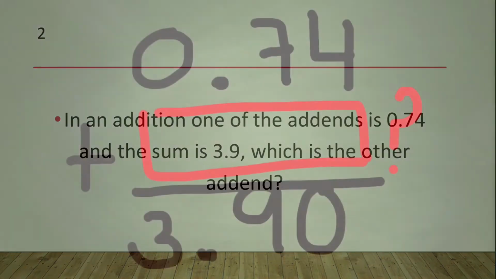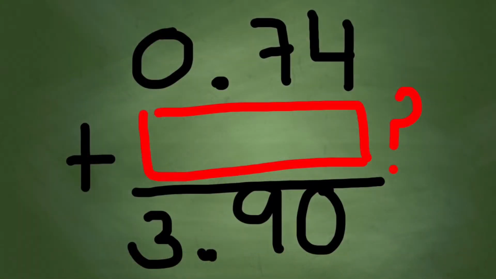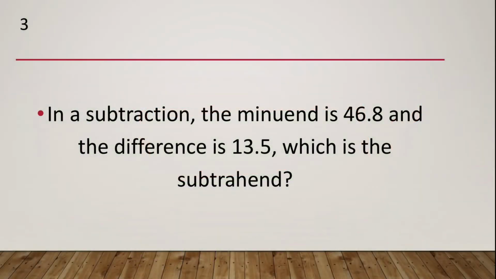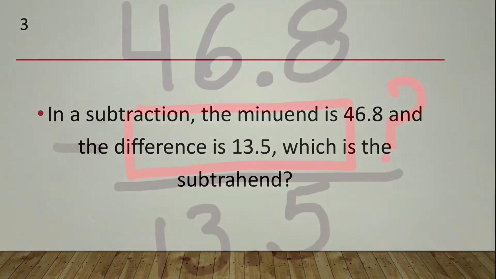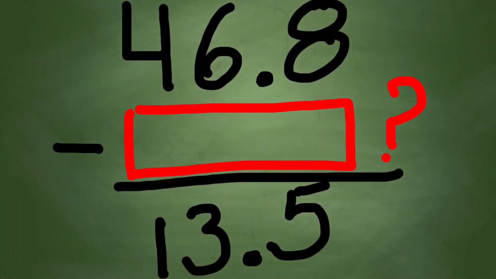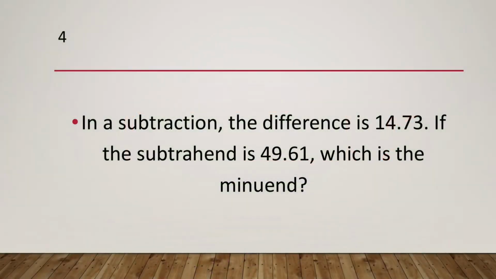Which is the other addend? In a subtraction, the minuend is 46.8 and the difference is 13.5. Which is the subtrahend? In a subtraction, the difference is 14.73. If the subtrahend is 49.61, which is the minuend?